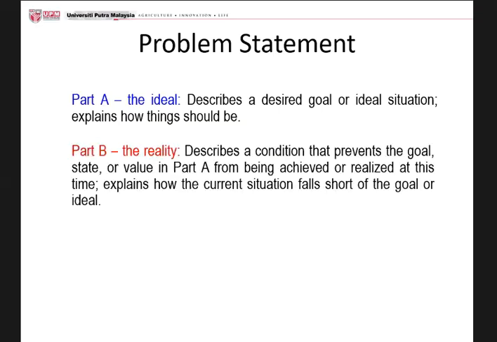The reality describes a condition that prevents the goal, state, or value in part A from being achieved or realized at this time. Explain how the current situation falls short of the goal or ideal. So in reality, you can design any box, but after 1 week, it will not be fresh. But you can extend from 1 day to 2 days to 3 days.